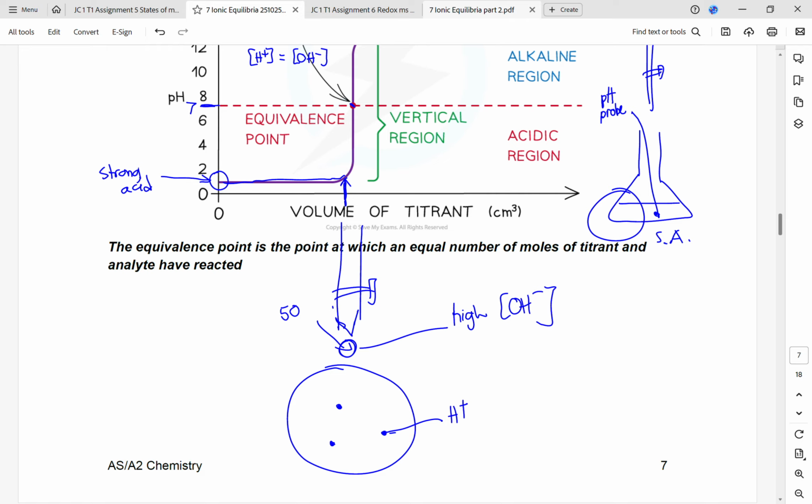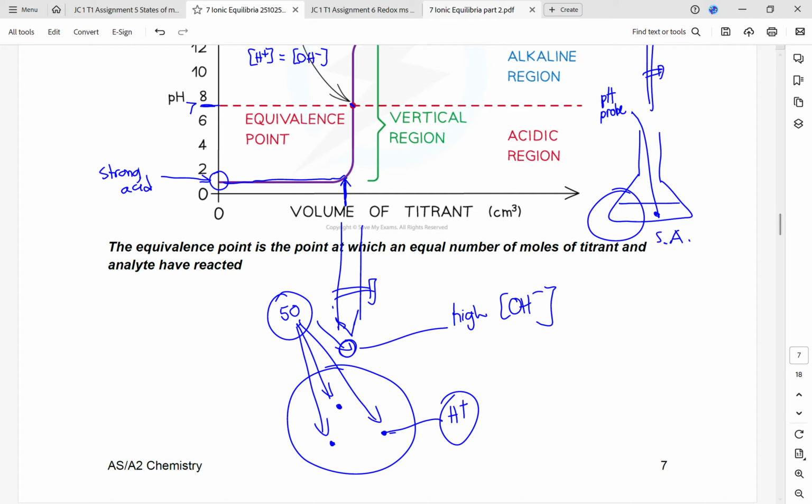You only have 3 particles of H plus left, but you are adding 50 OH minus particles, so only 3 of these will be needed to neutralize the remaining H plus.